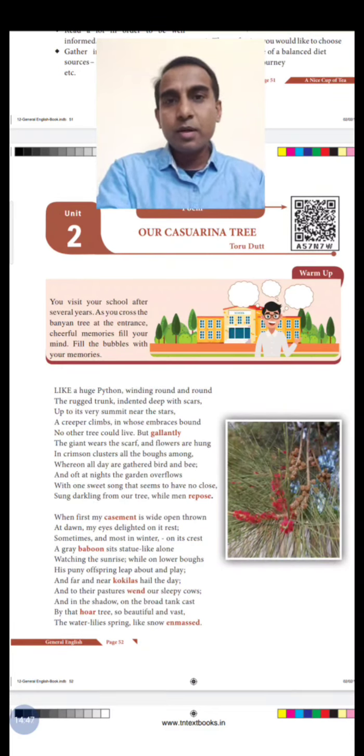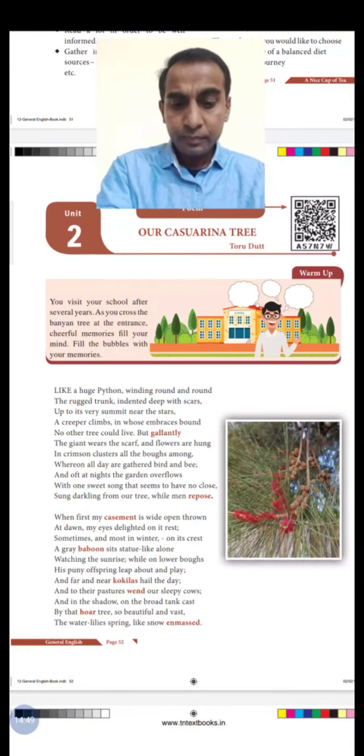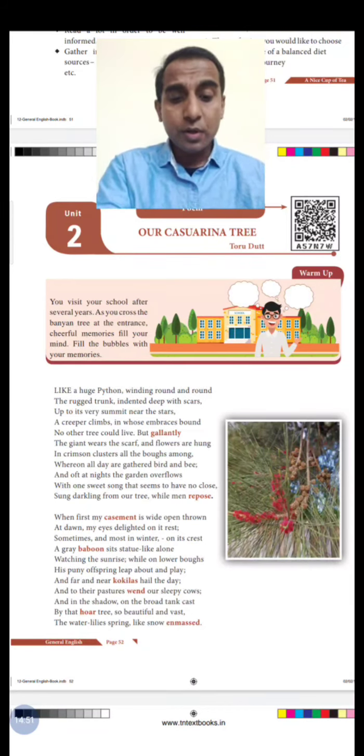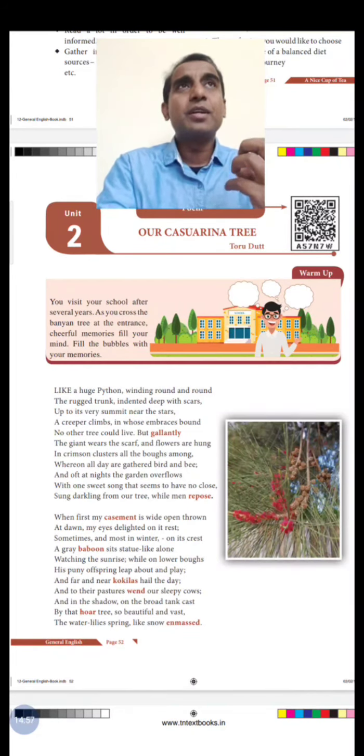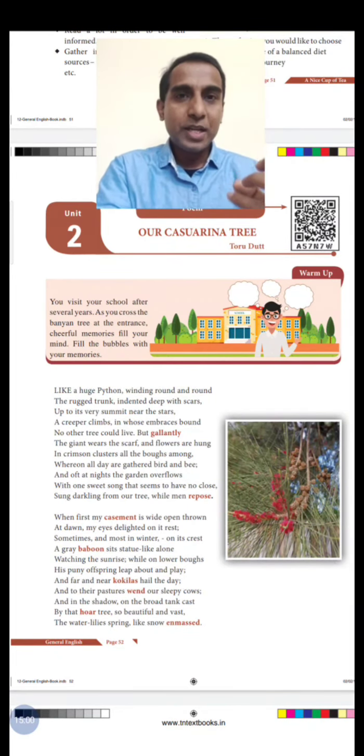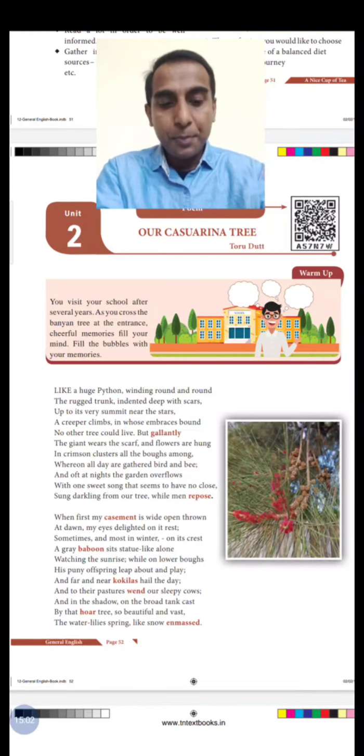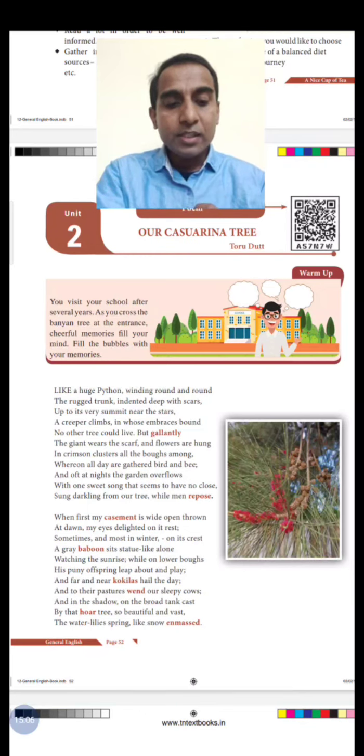So what does this cuckoo bird do? It sings. "His puny offspring leap about and play, and far and near Kokilas hail the day." Hail means cheer. The Kokilas, by singing, bring cheer and happiness. The singing birds start singing and bring happiness over there. "And to their pastures went our sleepy cows."